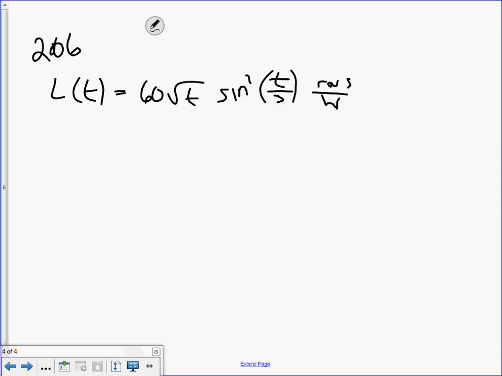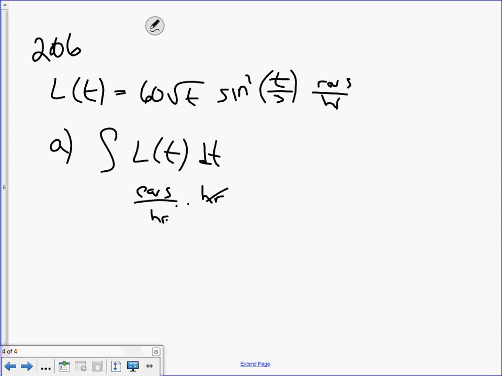If you're given the rate at which they're turning left and you want to find the total number of cars that turn left, you integrate. As far as work is concerned, you just have to integrate L of t, because if you integrate cars per hour with respect to time, that'll give you cars from 0 to 18.